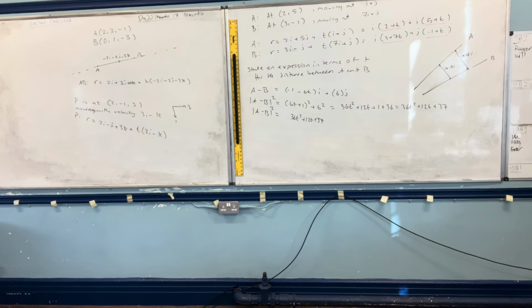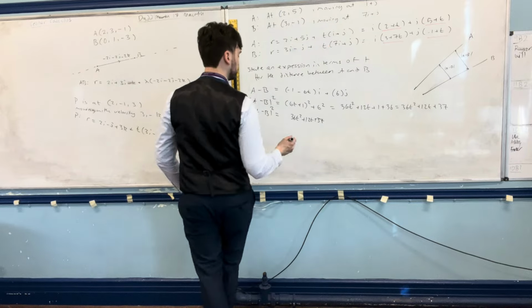Like, what did we do yesterday? Because we're trying to find the minimum. T equals 0? Not t equals 0, no. You said, yeah, I know what you mean, but you're not saying it correctly. It's the stationary point, right? So the derivative is 0. Yeah. So the derivative of this being 0 is what we're looking for.